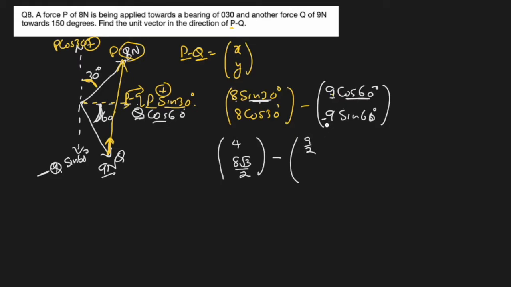And minus 9 sin 60, which is root 3 over 2 again. So what do we get? P minus Q: 4 minus 9 over 2 will be 8 over 2 minus 9 over 2, and then 8 minus 9, 17 root 3 over 2.